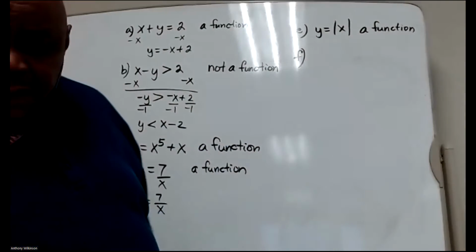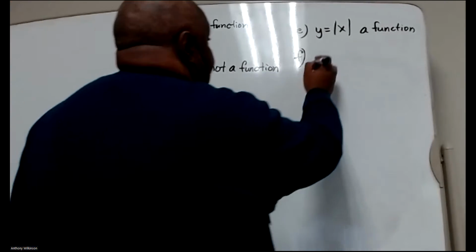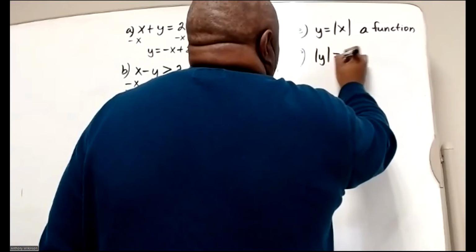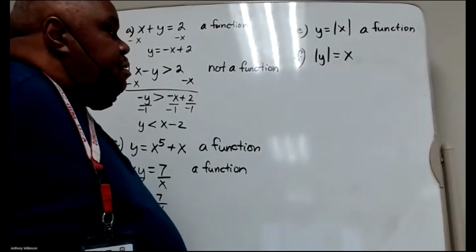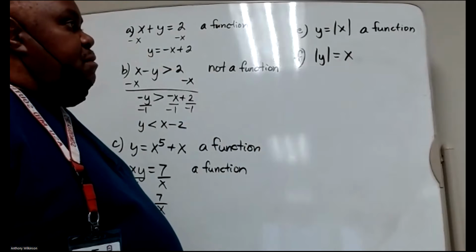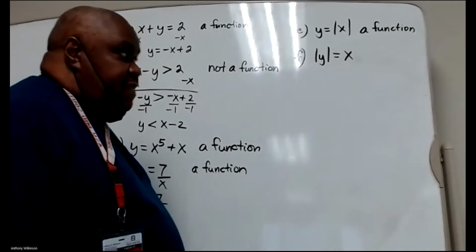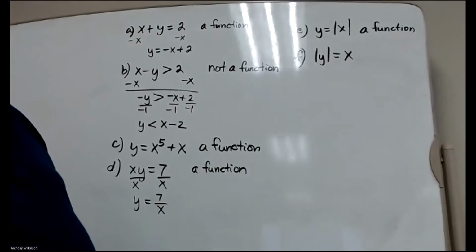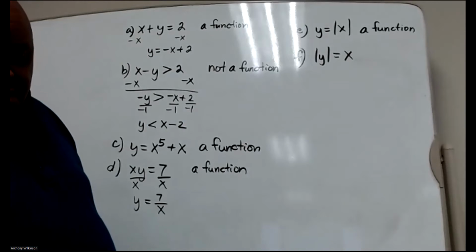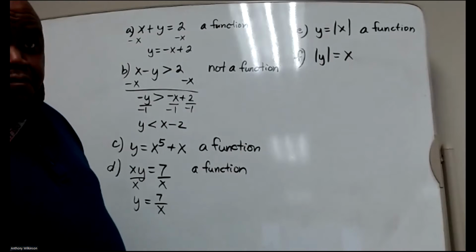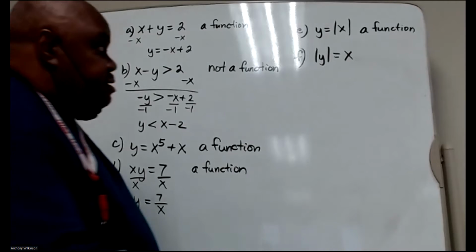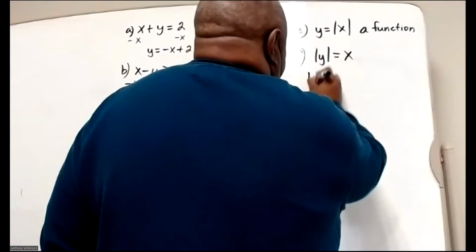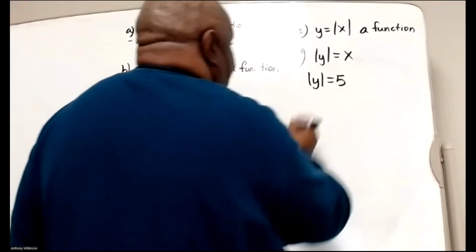Now, what about F? Here we've got the absolute value of y is equal to x. And I want to determine if that's going to be a function. Here's an example. Let x equal 5.